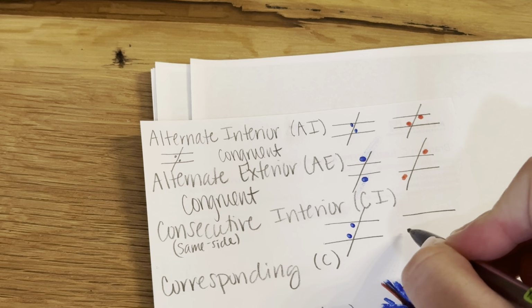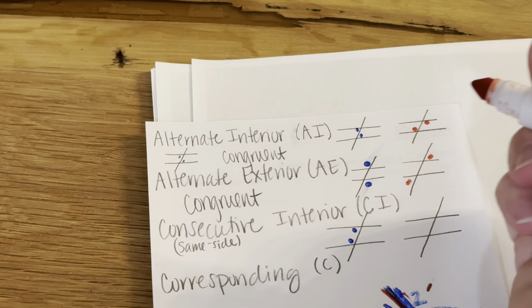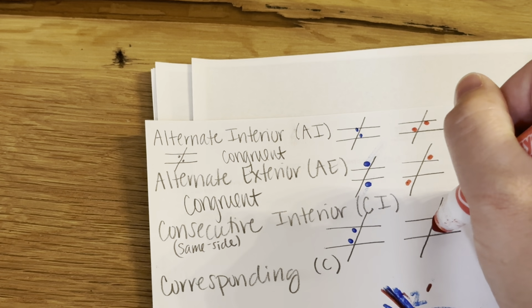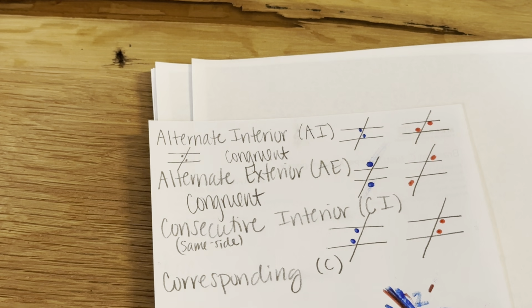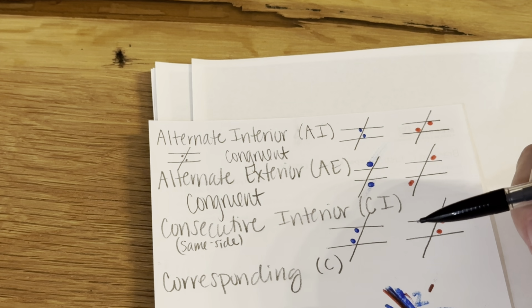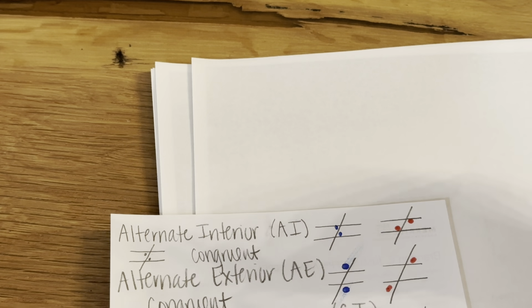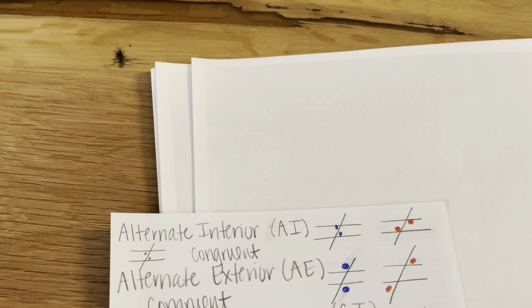And then over here, I'm going to do the 2 that are on the right. Those are also consecutive interiors, which same side, they're on the same side, but they are inside. They're in between. The word consecutive might kind of throw you off a little bit. These, you may kind of be able to tell.